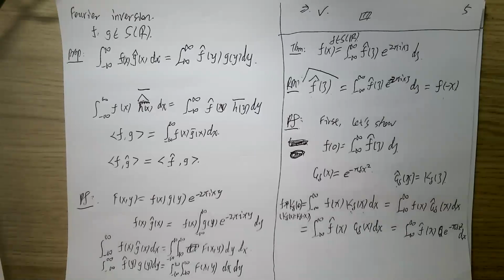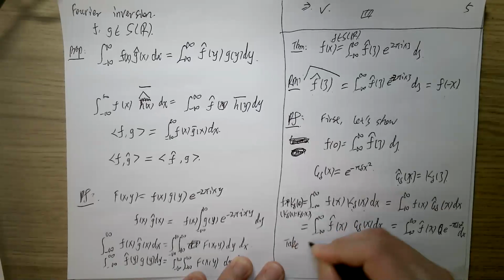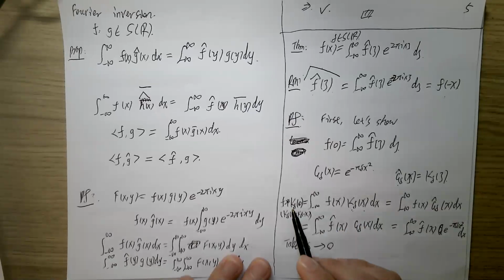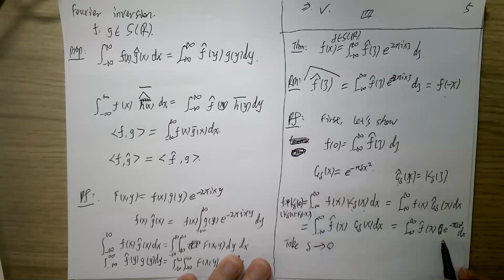So now we can take δ tends to 0. On the right-hand side, it tends to f. On the left-hand side, both of these functions are very good functions, so it will tend to f hat uniformly.